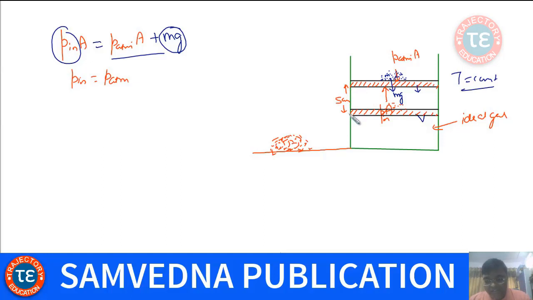But this journey of 5 centimeter is not immediate. If suppose we have here 10 raised to the power 6 sand particles, then this journey of 5 centimeter is carried out through 10 raised to the power 6 sub processes, and in the beginning and in the end of each sub process the piston is in equilibrium.